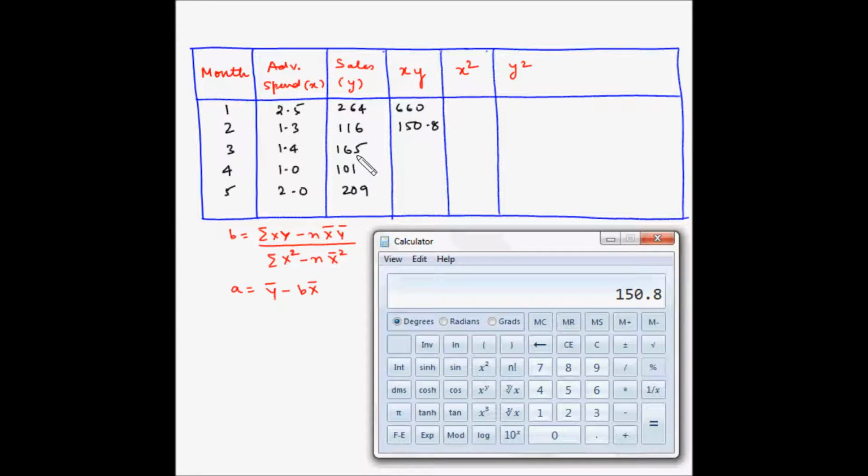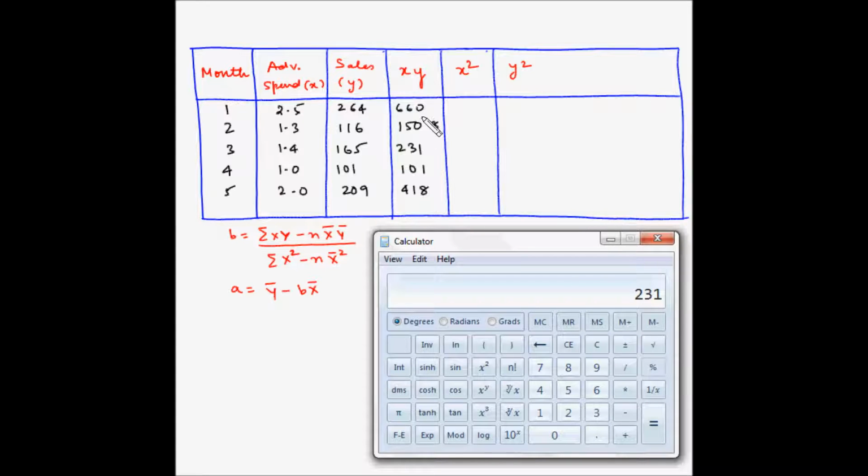Next is 1.4 multiplied by 165, which is 231. Next is 1 multiplied by 101, which is 101. And next is 2 multiplied by 209, which is 418.